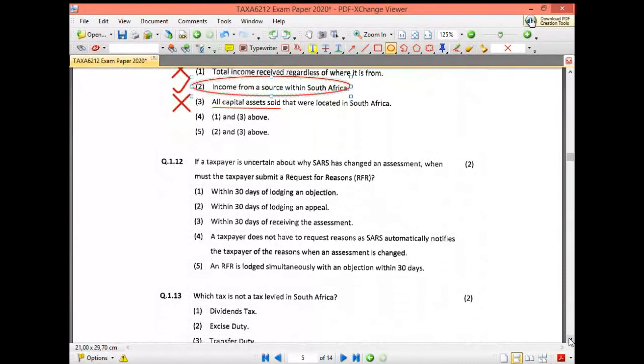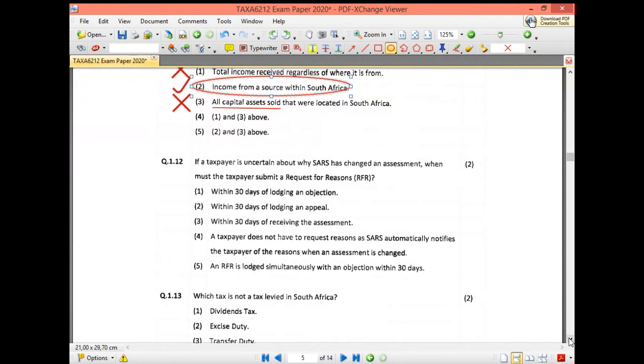Okay, then question 1.12. If a taxpayer is uncertain about why SARS has changed an assessment, when must the taxpayer submit a request for reasons? Okay, so if you are unsure why SARS has done something, you can submit a request for reasons. So when do you have to submit that by? Within 30 days of lodging an objection, so no, we haven't objected to anything.